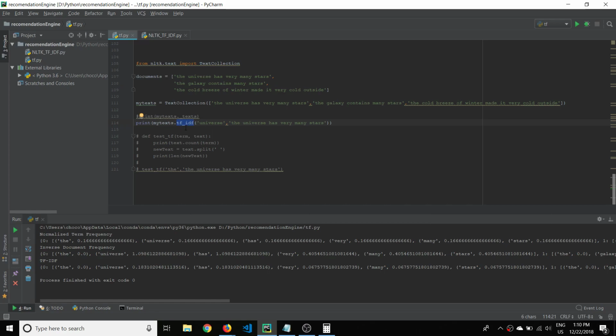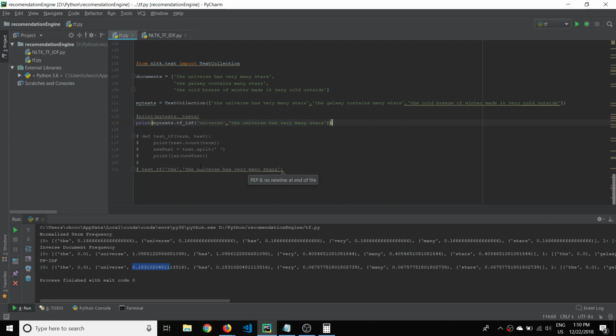Essentially, how this function works is you pass in the word you want the inverse document frequency for, which in this case is universe. We take this multiplied by this, and then this is the answer. And we also pass it the sentence it's in: the universe has very many stars. Of course, this text collection is aware of all the other sentences because we passed them in when we made the class.